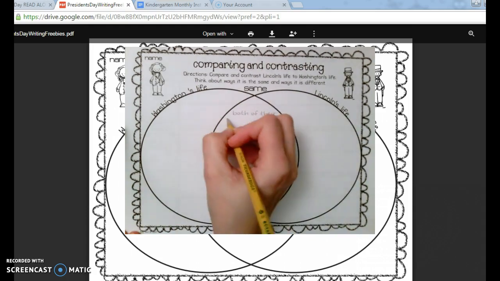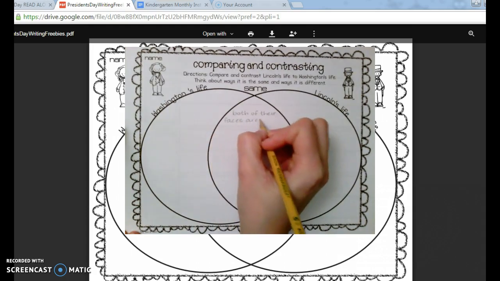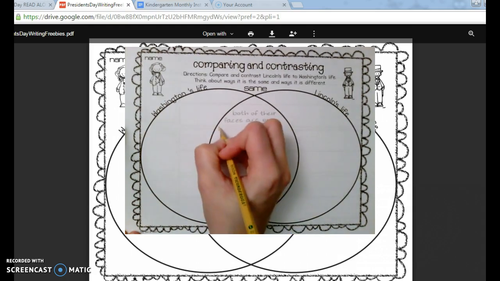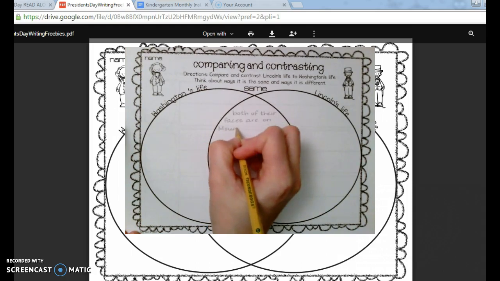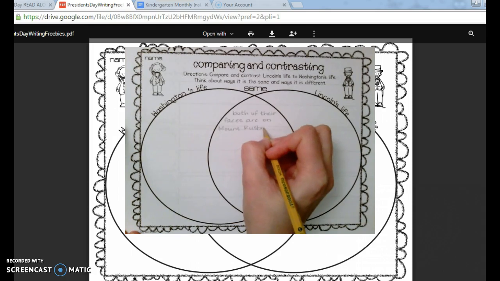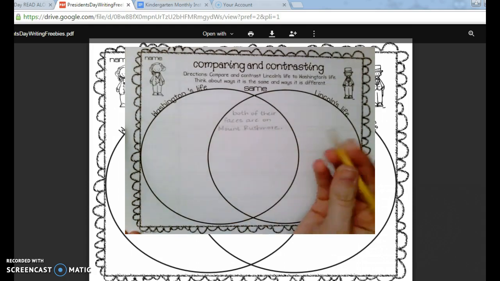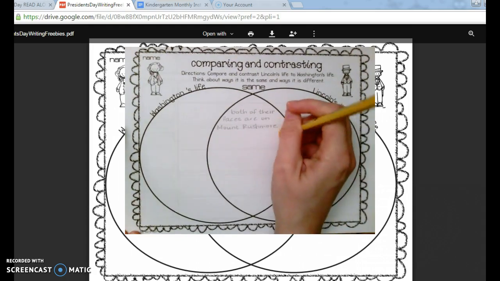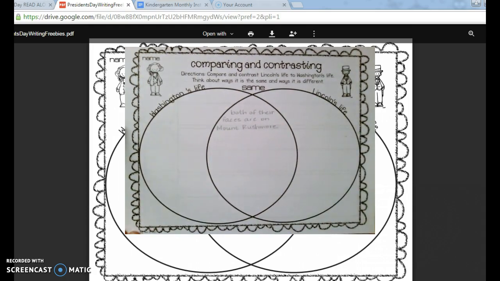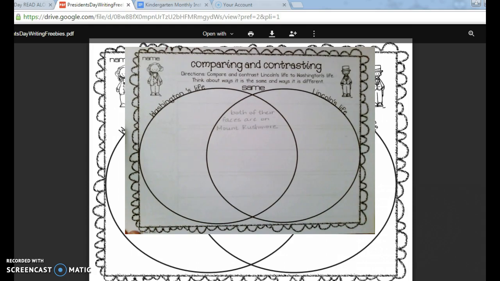So I'm writing both of their faces are on Mount Rushmore. Now, you can come up with your own ways that they are similar and different. These are just some examples so you can see how to complete a Venn diagram. So this is a fact that was the same for George Washington and Abraham Lincoln.